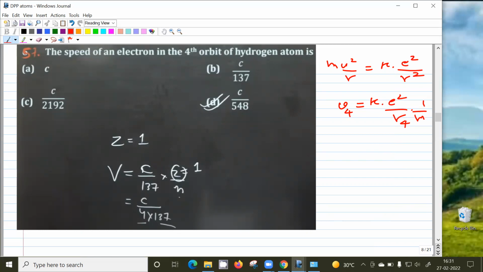Other than that, how do you get the radius of this fourth orbit? We have to substitute r equal to n h by 2 pi, sir. Yes, you have to use the second postulate, no? Yes, sir. Okay, v4 into r4.